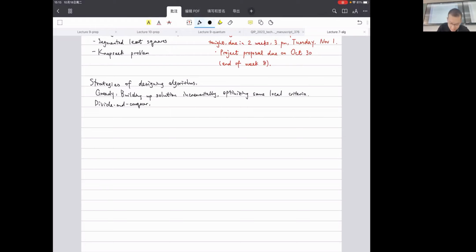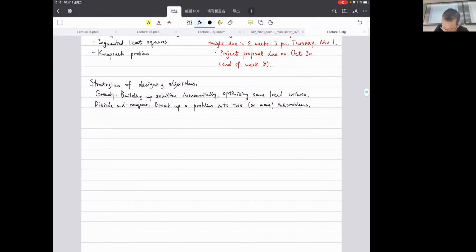For divide and conquer, we break a large problem into 2 or more subproblems, solve each subproblem individually, and combine the solutions to solve the original problem.